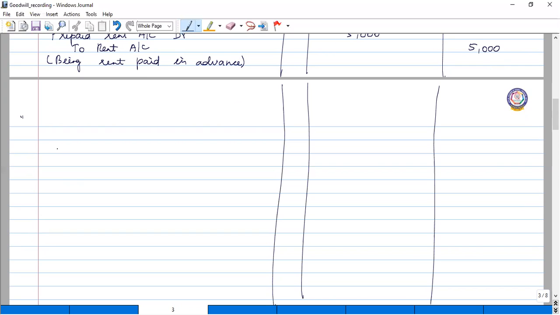Expense increase has to be debited, so depreciation account is debited, to whichever asset we are depreciating, the respective asset has to be credited. The value of it is decreasing, isn't it? So we credit furniture account. Amount is 10,000.